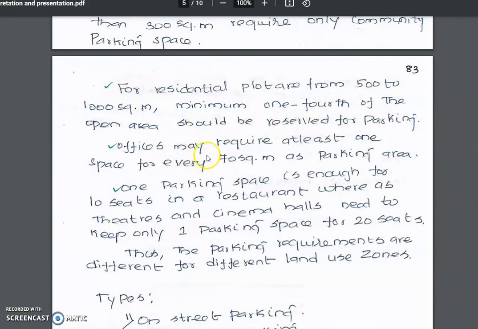An office may require at least one space for every 70 square meters. One parking space is enough for 10 seats in a restaurant, whereas a theater and cinema hall need to keep only one parking space for 20 seats. Thus, the parking requirements are different for different land use zones.